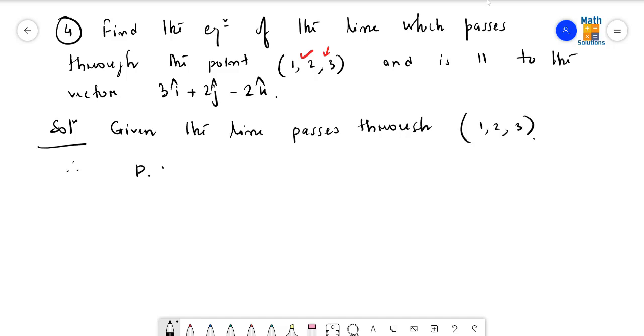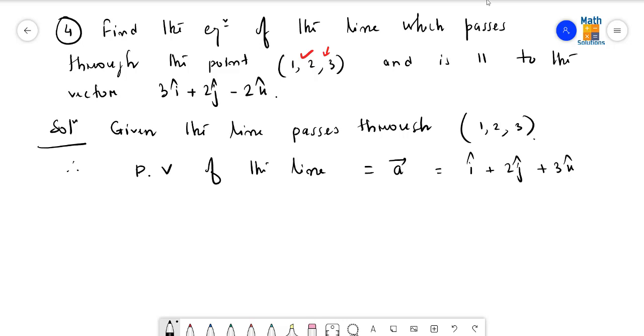Therefore, the position vector of the line we can take as vector A, that is equal to i cap plus 2j cap plus 3k cap. How to find out the position vector is already given in the chapter of vectors.